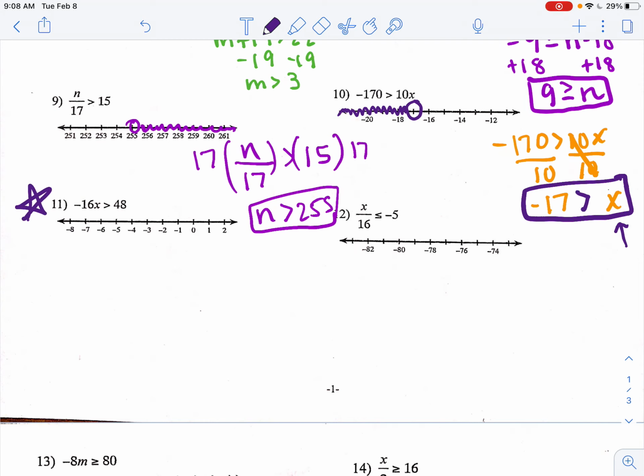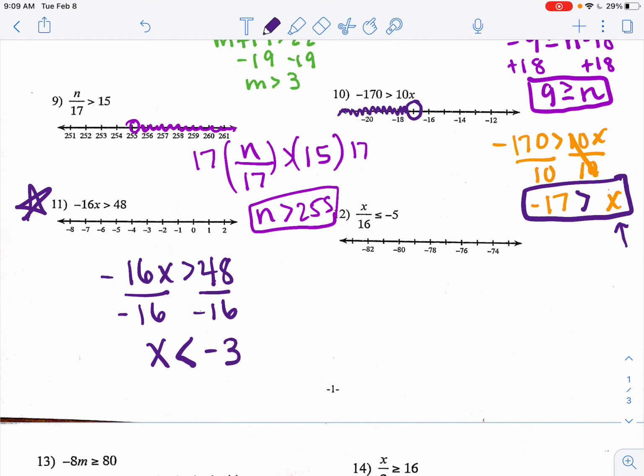Okay, number 11. This is our first sign switch on this page. Negative 16x is greater than negative 48. The step that this needs is division on both sides by a negative 16. That turns the sign around, and x is now less than negative 3.